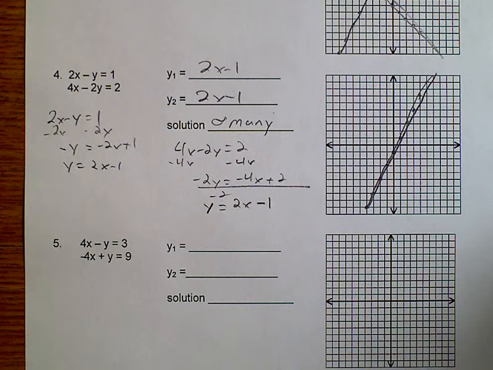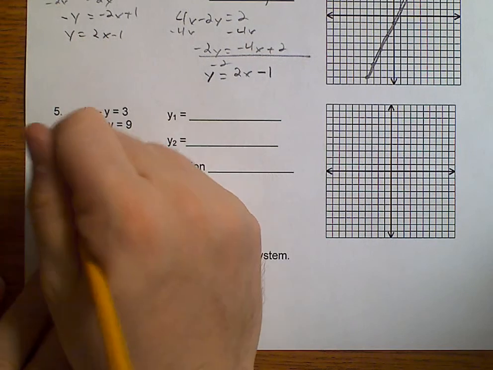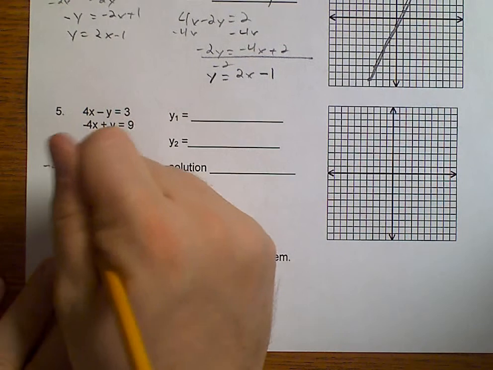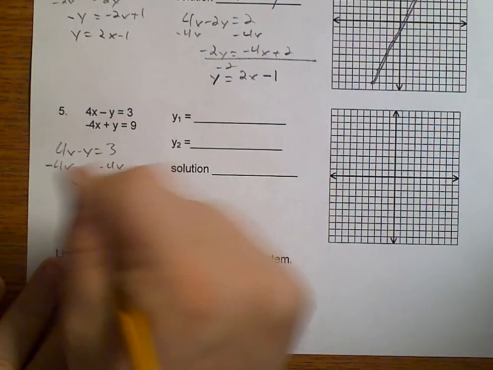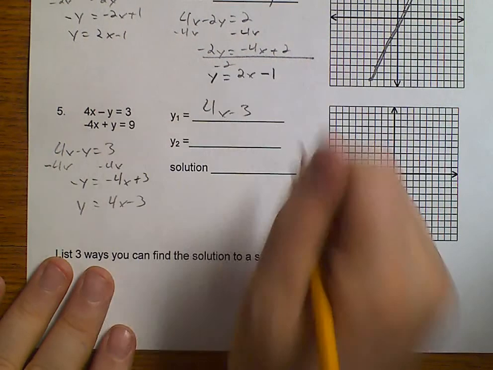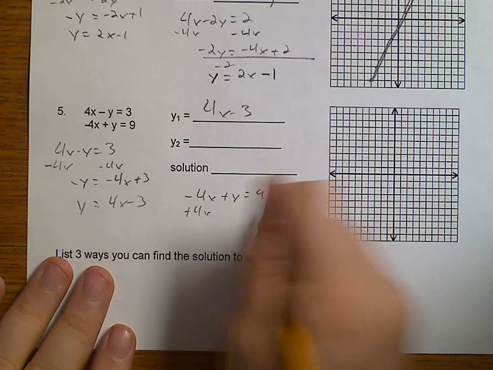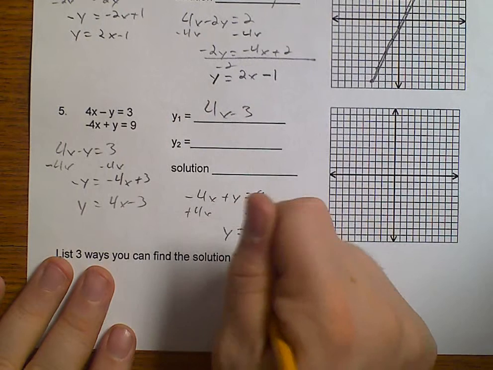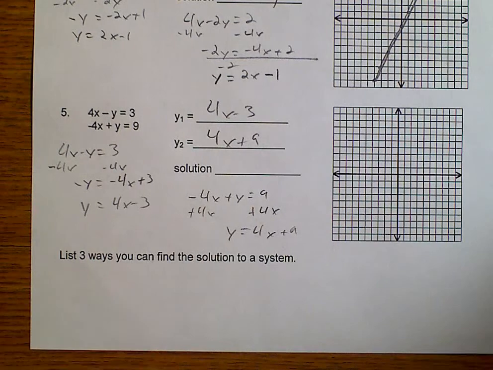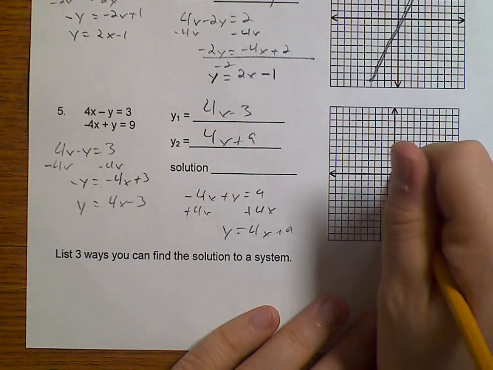Now let's take a look at number 5. Again, we start off by solving for y. So I subtract 4x from both sides. Negative y equals negative 4x plus 3. So y equals positive 4x minus 3. Add 4x to both sides. y equals 4x plus 9. When we graph these, the first one starts at negative 3, up 4 over 1.